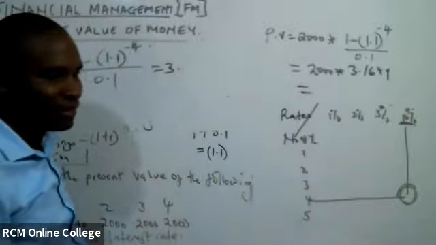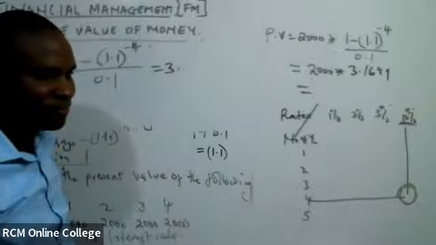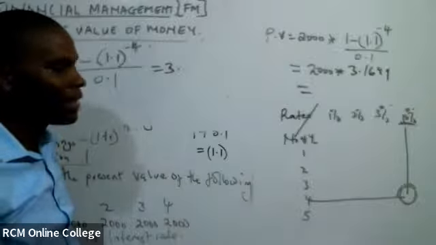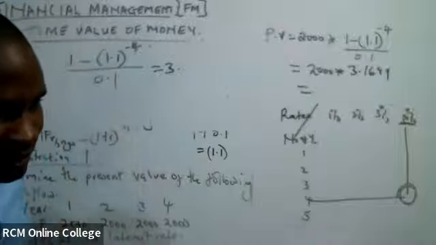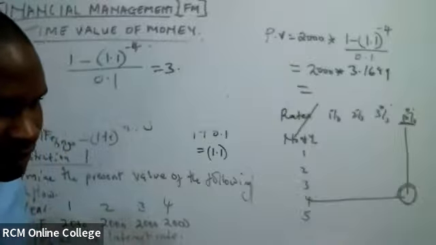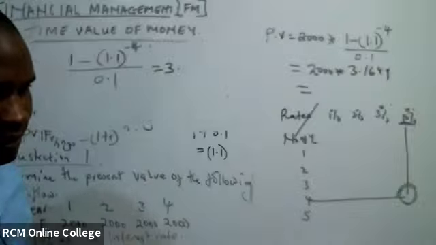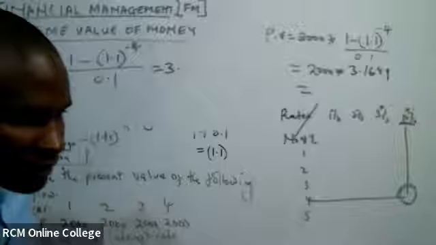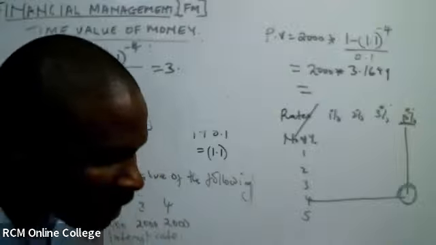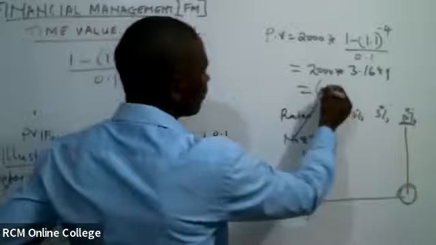Aya, nipatie present value. Ni ngapi? Maybe to 1 decimal place. 6339.8.